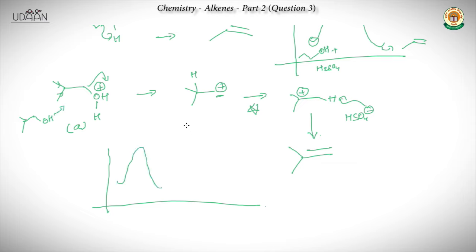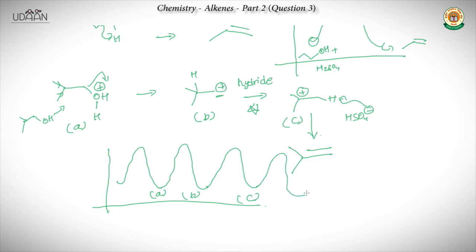And from A, you got B, this one, say. This is B. And from B, because of the hydride shift, you got C, and from C finally you got alkene. So there are 4 transition states possible here.